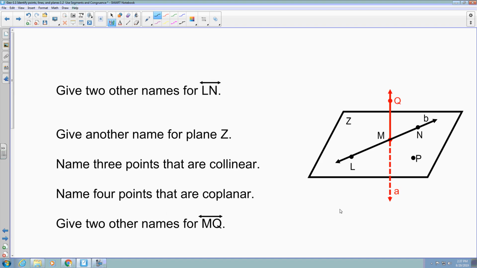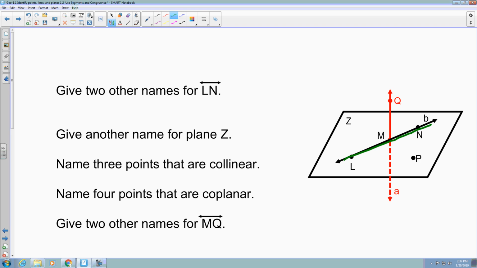So from here, they want us to give 2 other names for line LN. So I'm just going to switch the color here. So line LN is right here. If I look here, it appears that this lowercase letter b is supposed to represent that line.